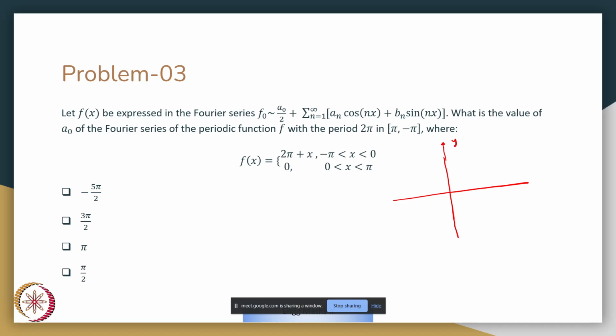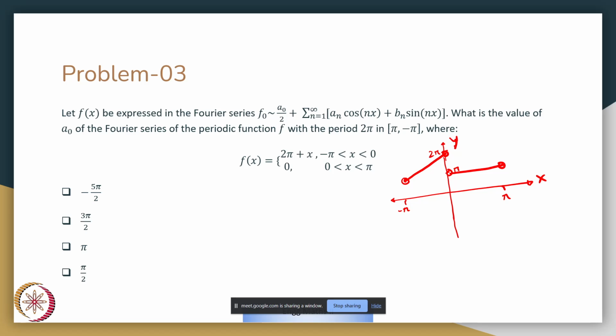So this is my y, this is minus pi, this is pi, this is my x-axis, this is pi, this is 2 pi. So our function essentially goes from this to this, and then it goes from this to this.